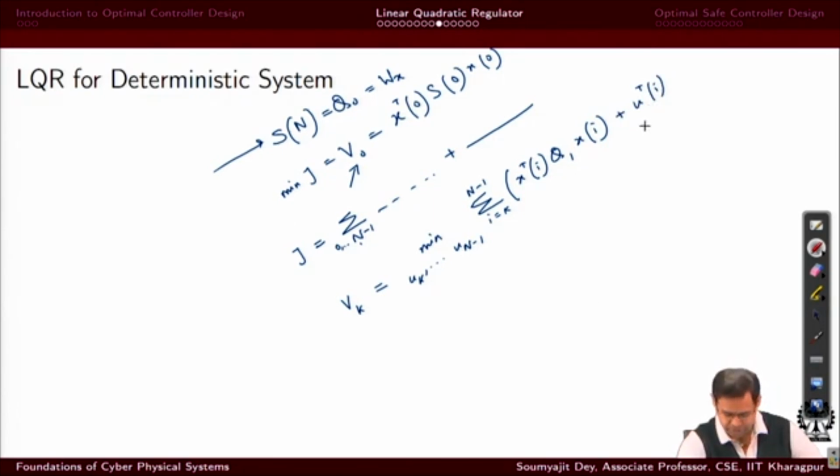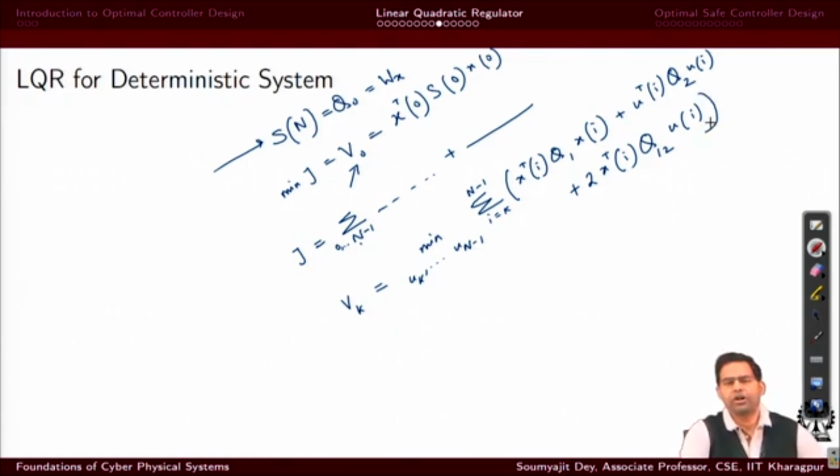We are just writing the usual function here. This was our original function, right.